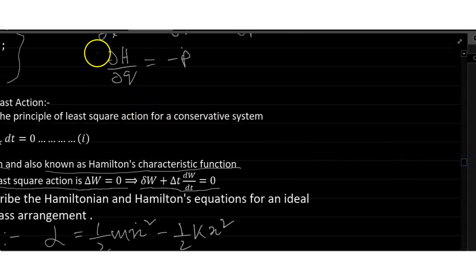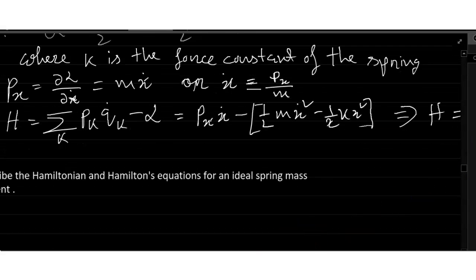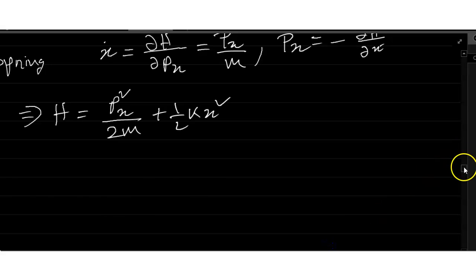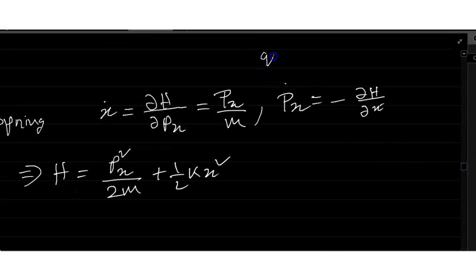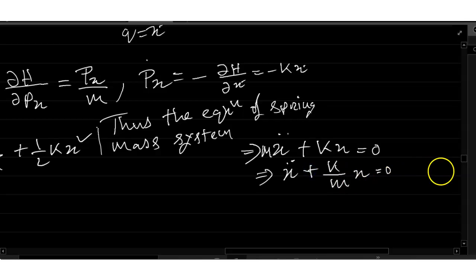Through the canonical form, del h by del q is equal to minus p dot, and here q is equal to x, so del h by del x equals k x. Thus the equation is m x double dot plus kx equals 0. So x double dot plus k by m x equals 0.